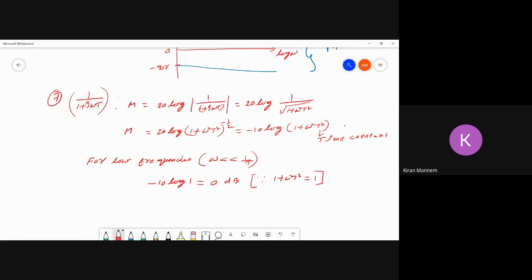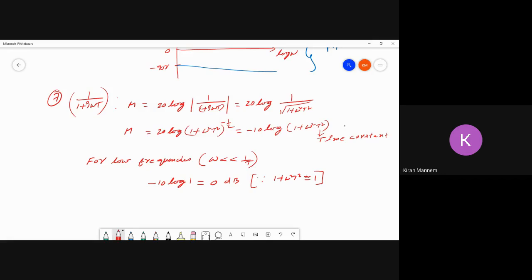Since your omega value is very small, we can neglect this term, and 1 plus a small value is equal to 1. So I can replace 1 plus omega square t square by 1, approximately. So this is 0 dB. So for lower frequencies, this particular basic factor has a 0 dB line.